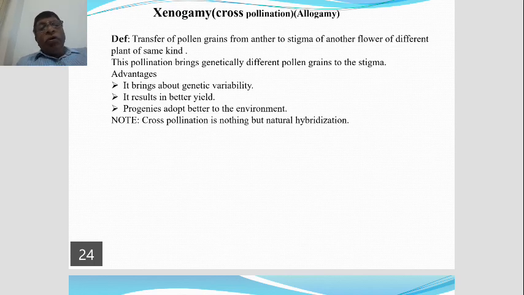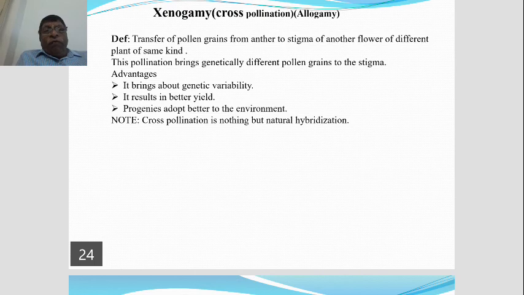You will come to know later on how nature suppresses self-pollination and supports cross-pollination when you study the next topic, contrivances of cross-pollination. When you study contrivances, you will come to know that.